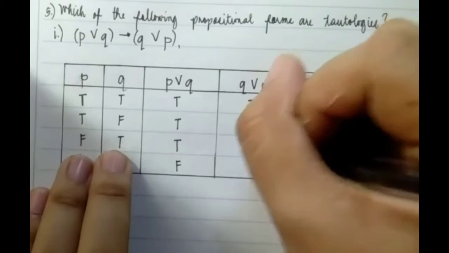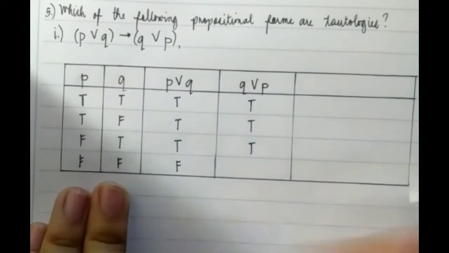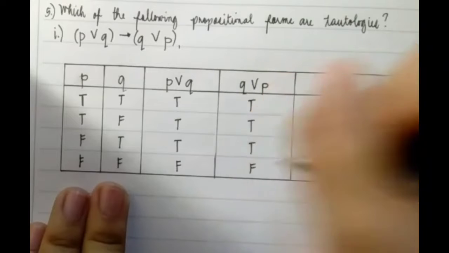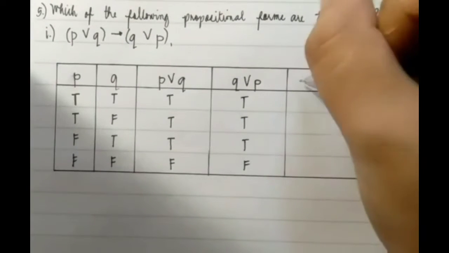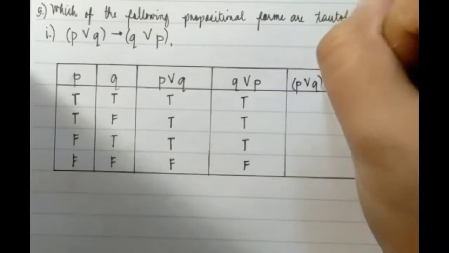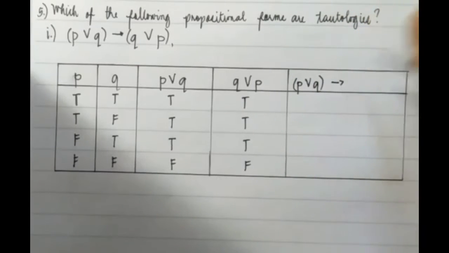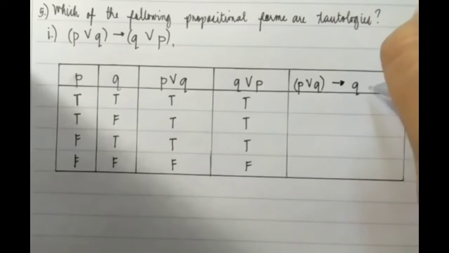Third is also true. The fourth, which has false on both sides, is false. Lastly, let's get the P or Q implies Q or P.